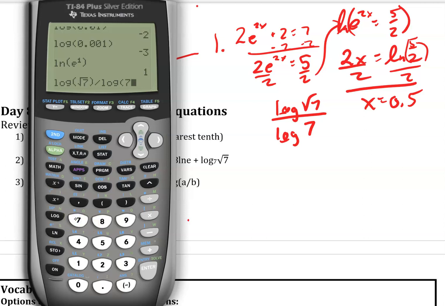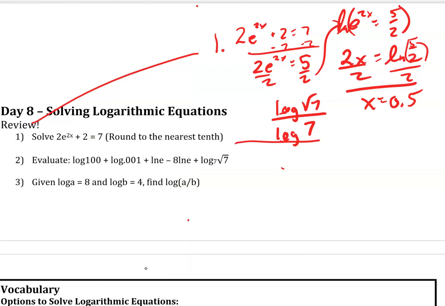What's really happening here is we're trying to find out what power do I raise that base, which is 7, to, to get the square root of 7. So if you're really familiar with your exponentials, you should know this will be 1/2. And it is. So let's write out what we had.